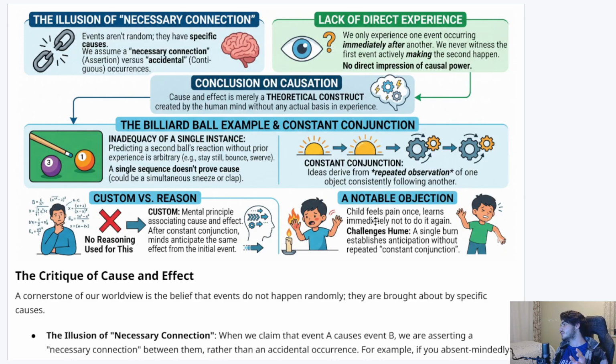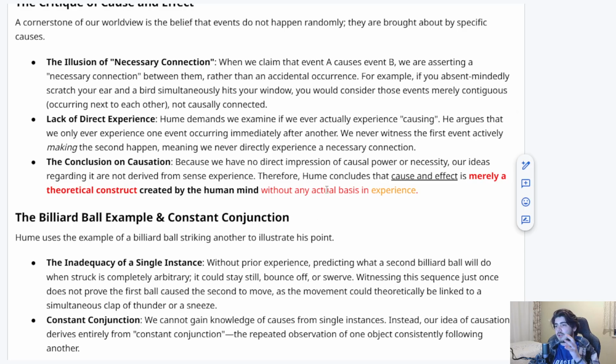But if you had never seen this event occurring, you wouldn't know where it would go. He says that we derive ideas from repeated observations of one object consistently following another. This is what causes us to have this relation of cause and effect. So it's merely a theoretical construct created by the human mind without any actual basis in experience.